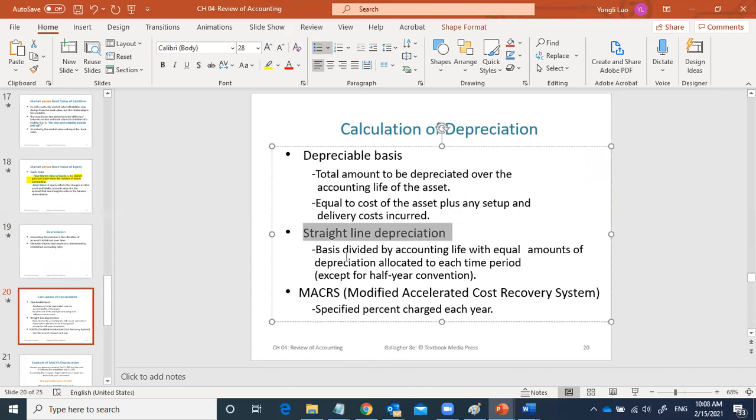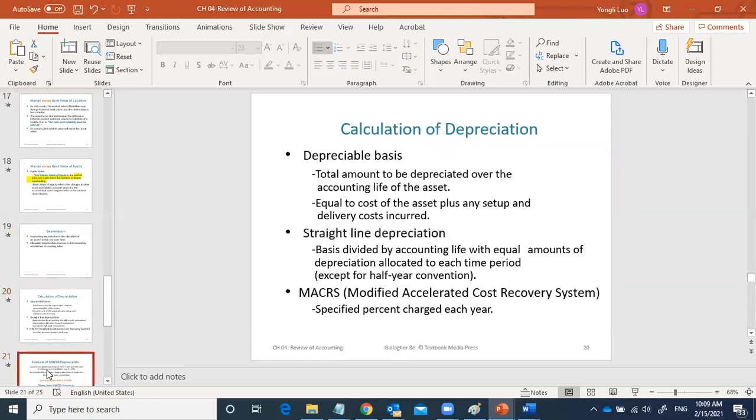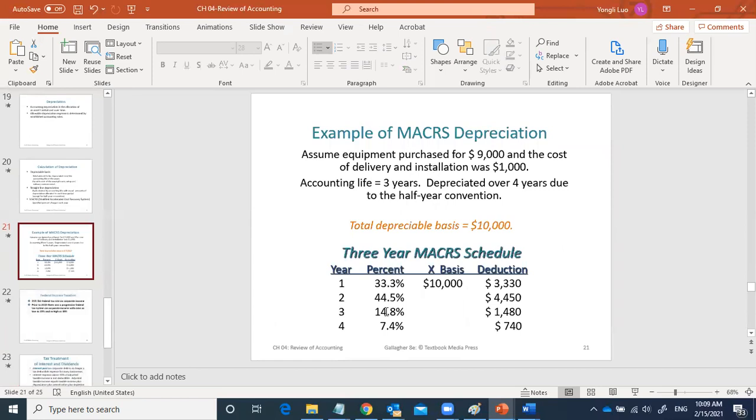Straight line depreciation is basically the asset value divided by the accounting life, with an equal amount of depreciation allocated to each time period. Another way we can do it is using MACRS, the modified accelerated cost recovery system. This is going to depreciate a lot more at the very beginning.